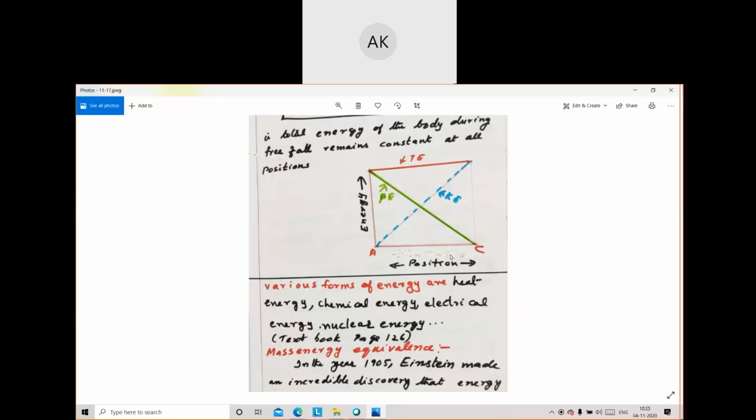Similarly, the graph of kinetic energy. Where is kinetic energy maximum? Just before it hits the ground, or when it is held at A? Nana? Tell. Adilakshmi?